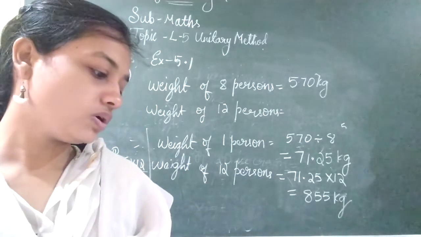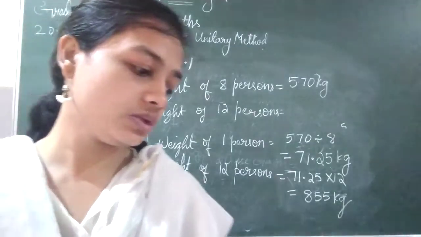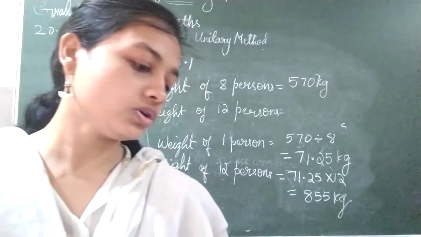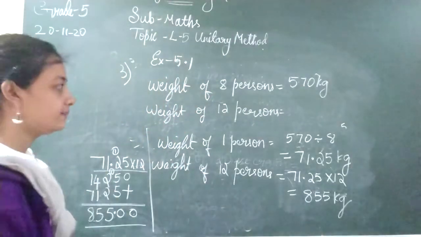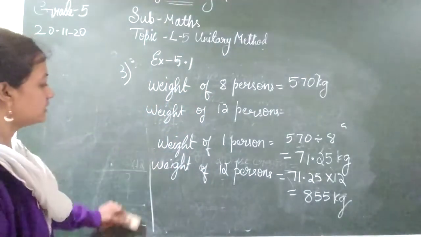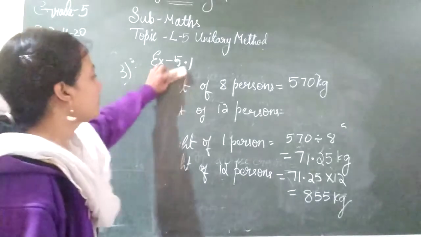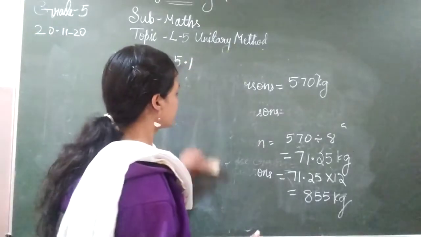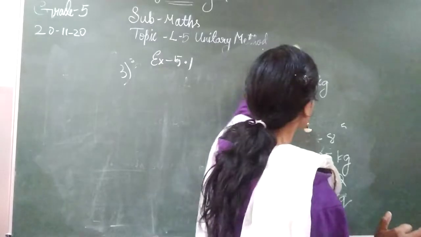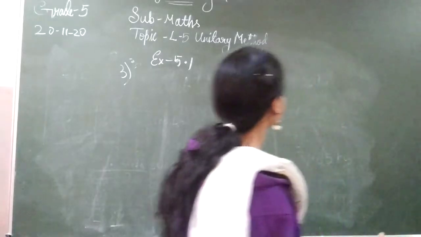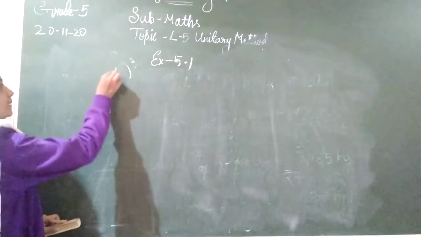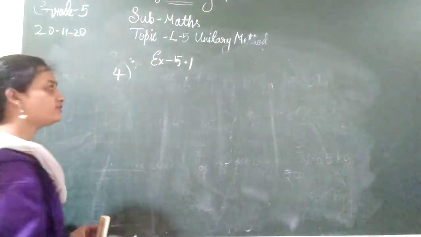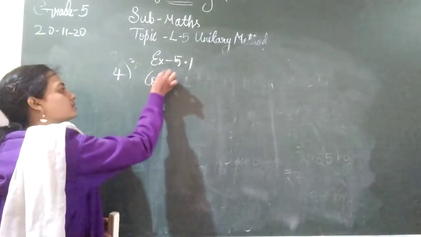5 kg of sugar cost 160 rupees. Find the cost of 8 kgs of sugar. Again, now we have to find the cost. So this is the fourth sum. Now we are going to find the cost.